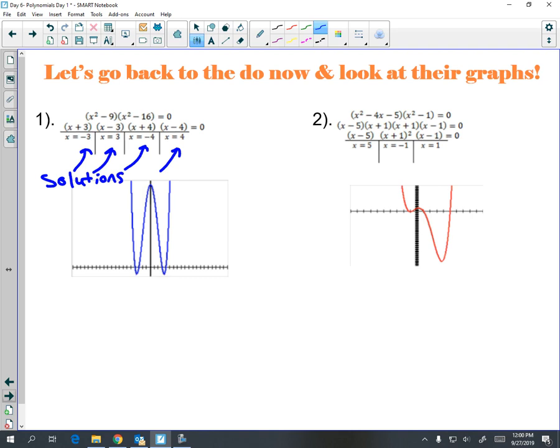And if you noticed, the solutions are also your x-intercepts slash roots slash zeros, right? All mean the same thing. And each solution happens one time, which means each solution has a multiplicity of 1. And a multiplicity of 1 means that you should head straight through.